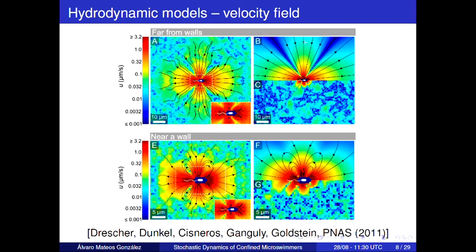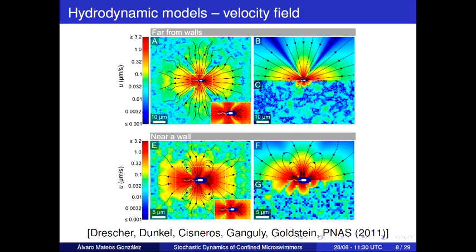Right-hand columns correspond to an idealization of the microswimmer as a force dipole. So, in B, what you have is the velocity field generated in the fluid by a force dipole. If you consider that the microswimmer is a force dipole, you get this solution of the Stokes equation, and that corresponds quite closely to A, as you can see from graph C, which is a subtraction of B from A, except that close to the microswimmer, you've got some differences.